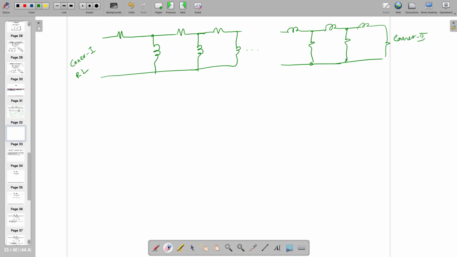Same for the other case, all inductors will be replaced with capacitors, and you are going to call that one the RC Cauer 1 function, and in this case you are going to call it the Cauer 2 RC function. Look at the position of the capacitor and resistor. That is how it's defined, right?